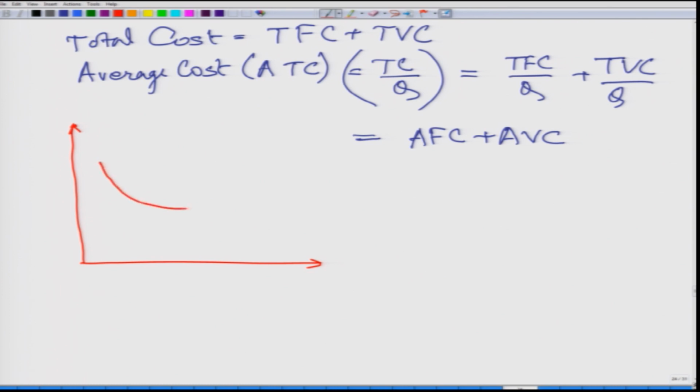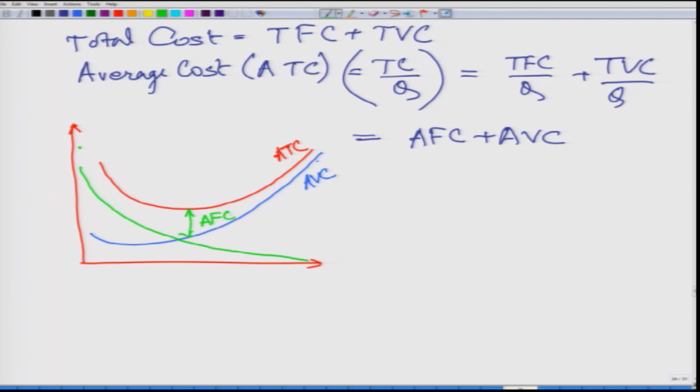My average total cost curve, and this is my average variable cost curve. If this is my average variable cost and this is my average total cost, then this difference is nothing but the average fixed cost, right?